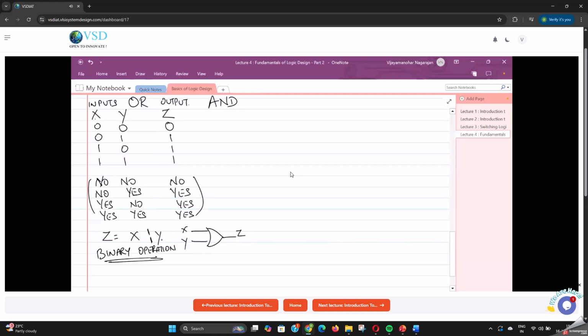But let us assume that there is a way I can realize it. For the sake of argument, let us assume that you can somehow realize that. The symbol of that module will look like this. This is the symbol of a physical realization of a binary OR. This is what I call an OR gate.